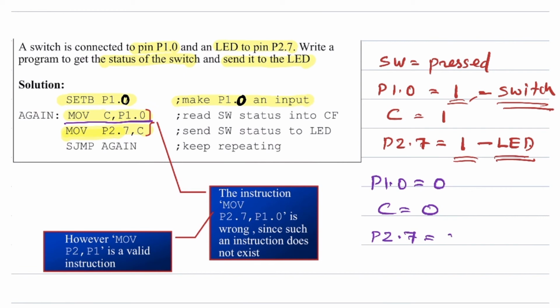So P2.7 also will be 0. That means if the switch is not pressed, LED is 0. That means LED will not be glowing.